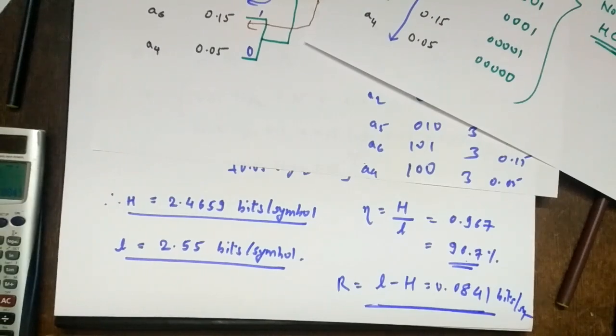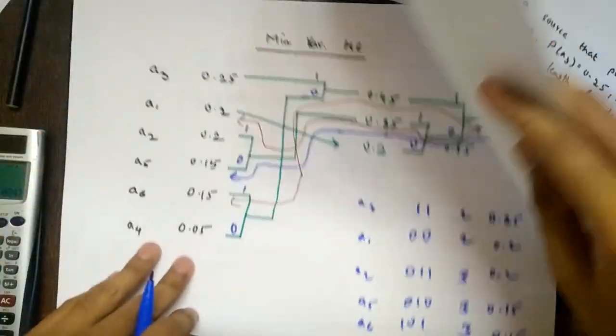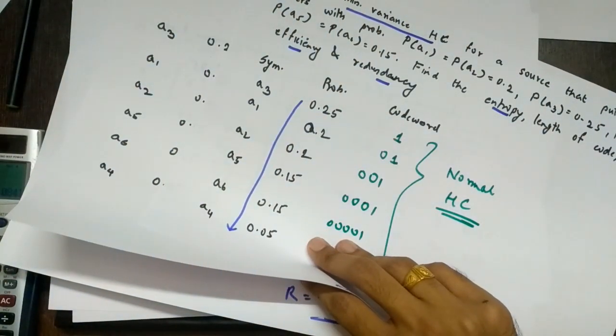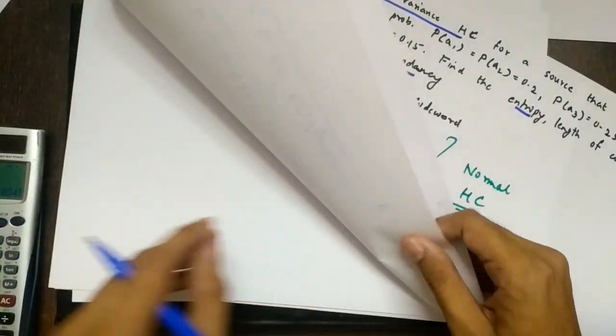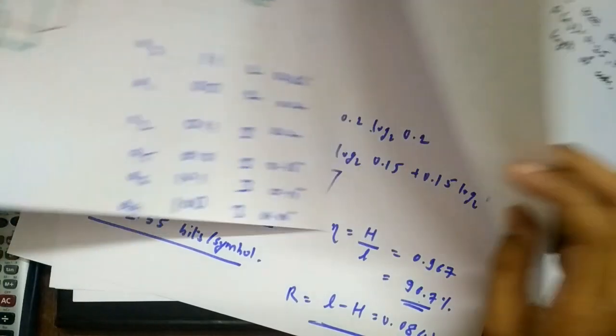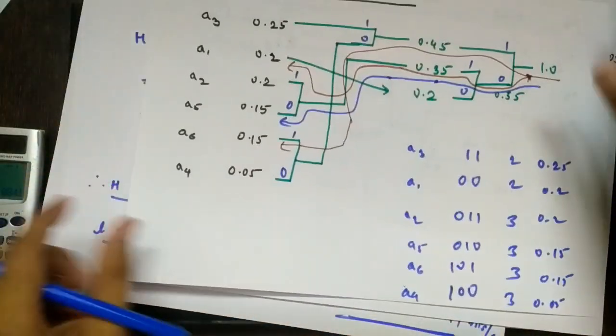Okay, so this is the way you have to solve sums on minimum variance Huffman code. Again, let's revise normal Huffman coding. Just revise minimum variance Huffman coding.